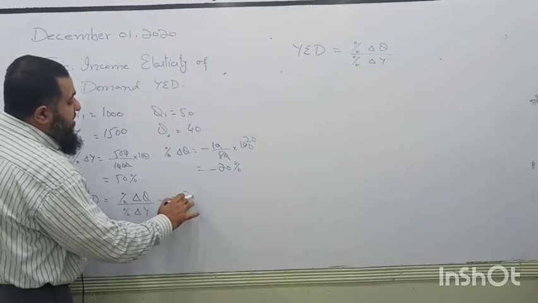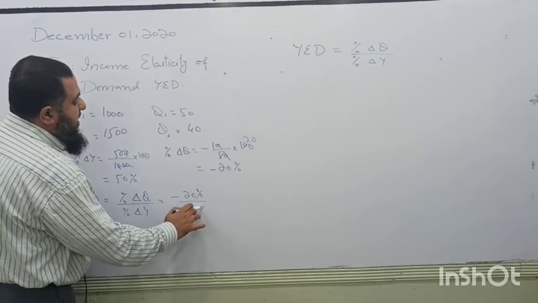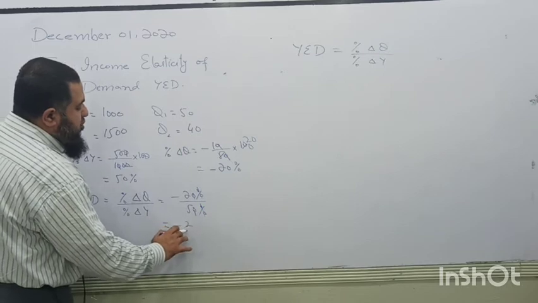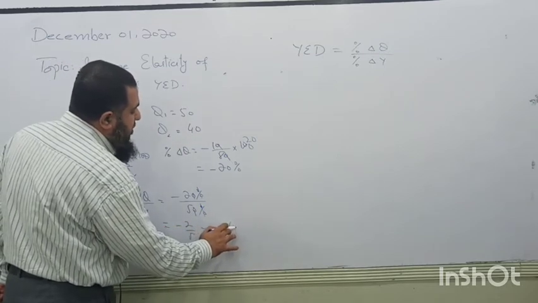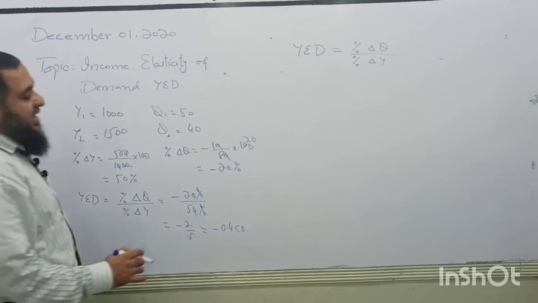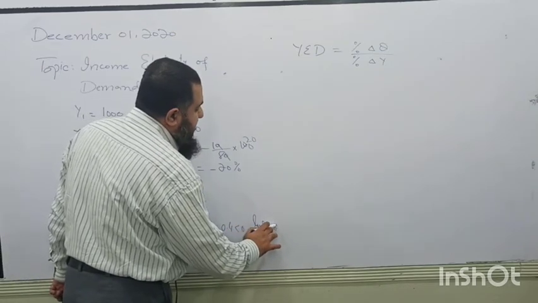So quantity has changed by minus 20%, whereas income has increased by 50%. So can you say over here minus 2 by 5, that is minus 0.4, this is less than 0. So when income elasticity of demand is less than 0, we say it is an inferior good.